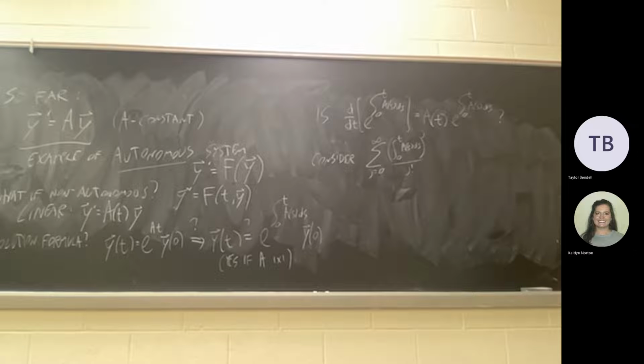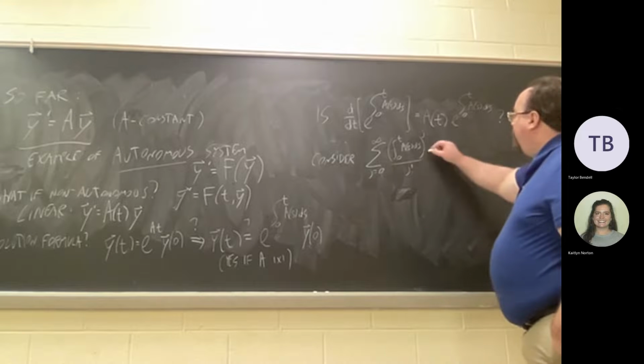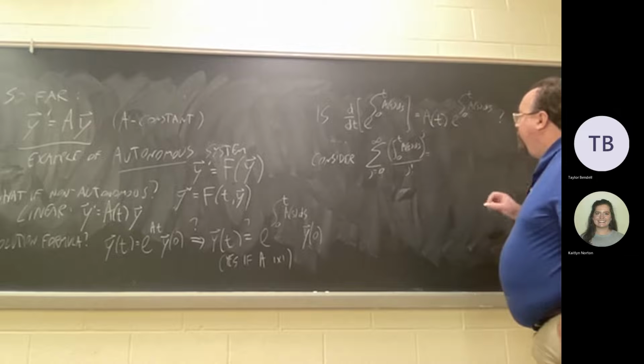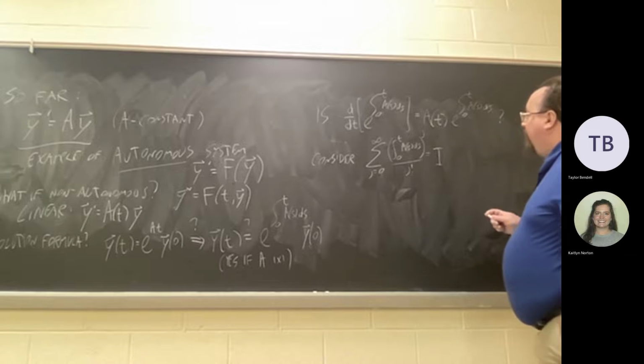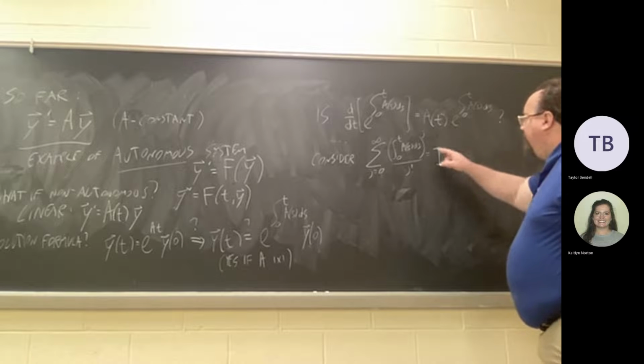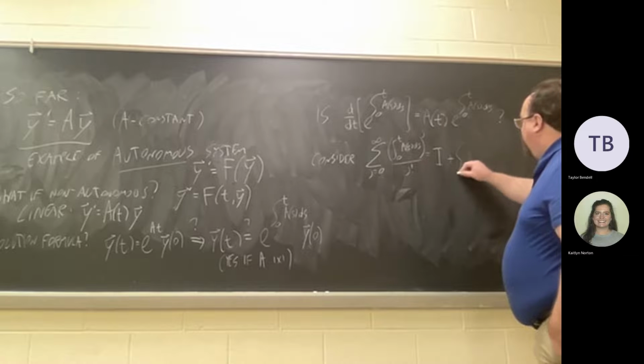So then what I'll do is I'll write out the first few terms. So for j equals 0, we're just going to have identity. And then for the next term, we'll just have the integral itself.